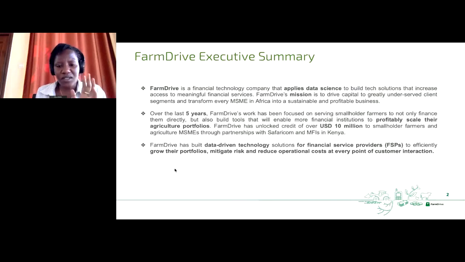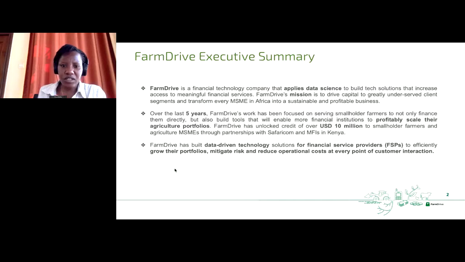Over the last 5 years, our work has mainly been focused on not only financing the farmers directly, but also building tools to enable more financial institutions in Kenya to scale their agriculture portfolios, not just in Kenya, but across Africa.